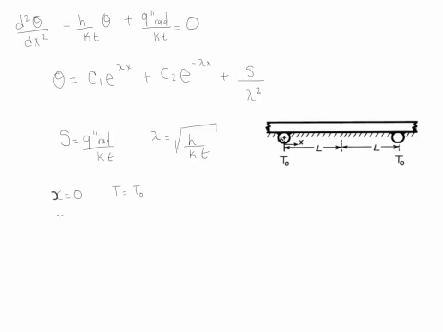Therefore, we could simply say that at x equal to 0, theta is going to be theta 0, which is basically T0 minus T infinity. And then we could say that at x equal to L, the flux that we're going to have is going to be 0. In terms of theta, we could simply say d theta dx is equal to 0.